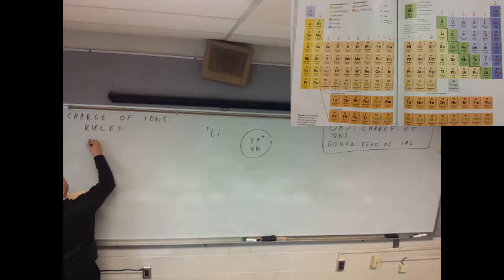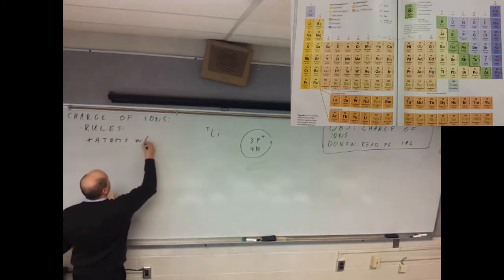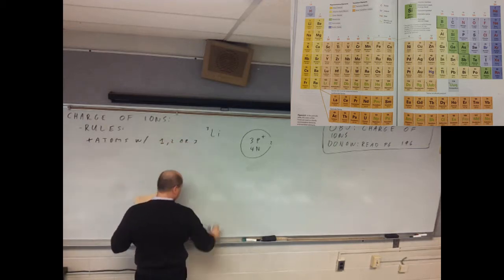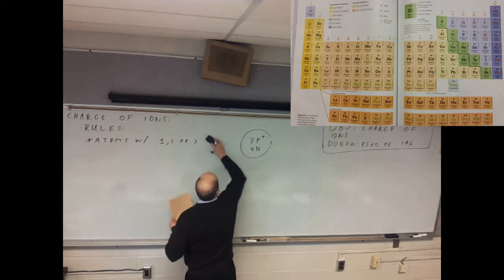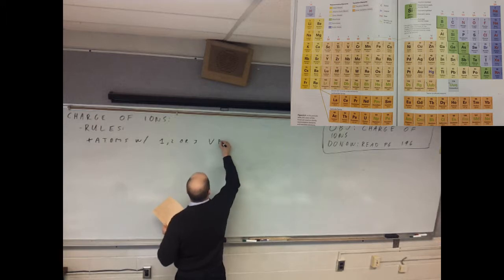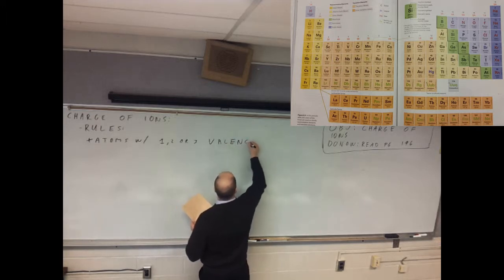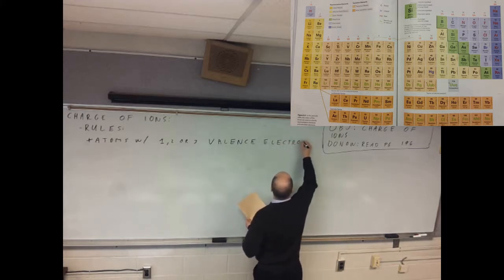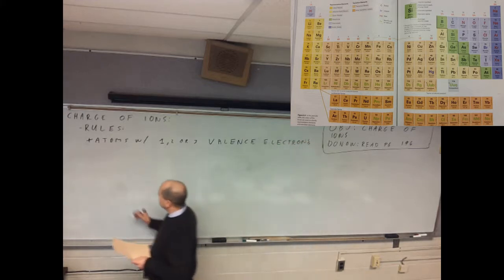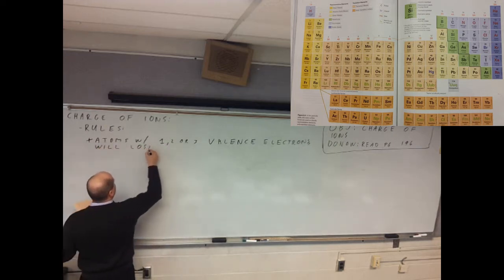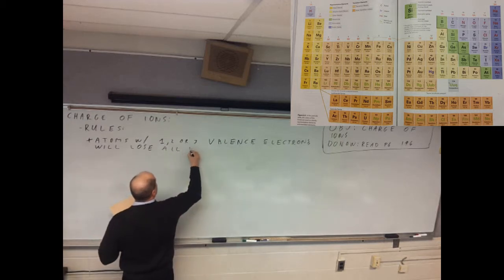So, let's do pluses. Atoms with 1, 2, or 3 valence electrons will lose all valence electrons.